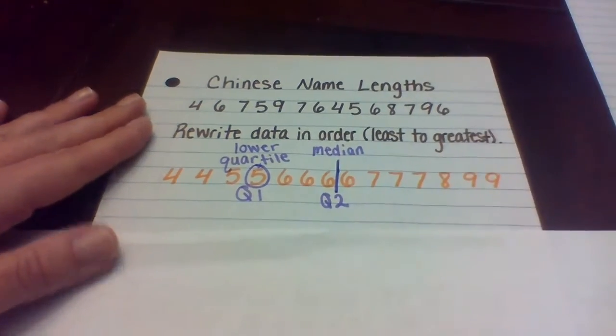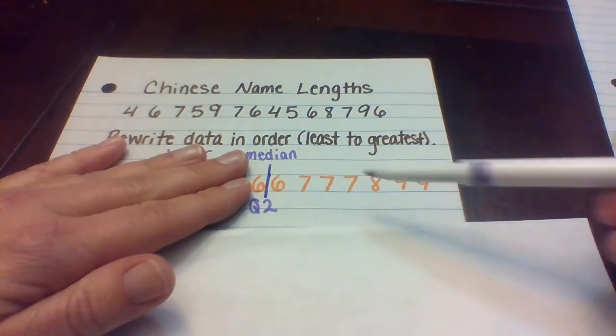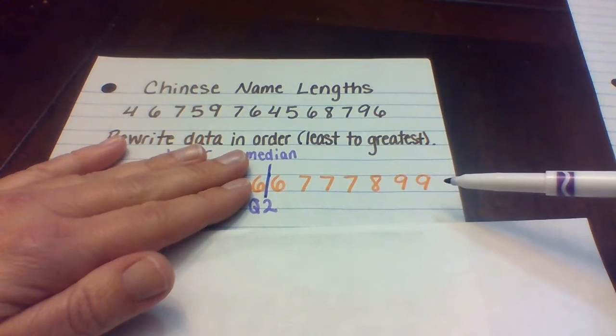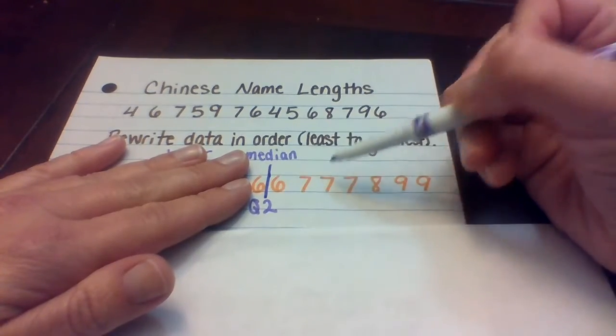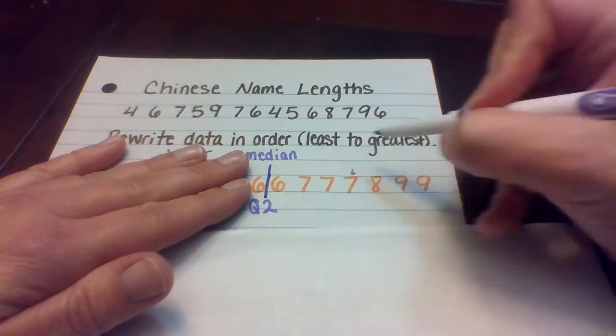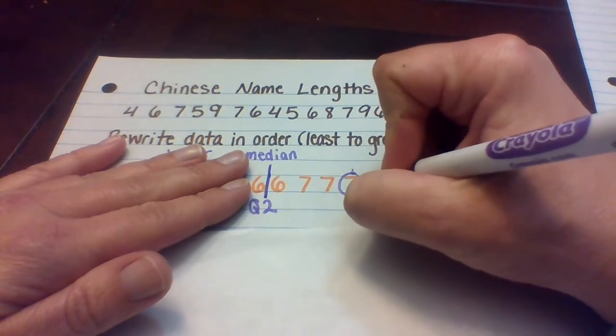And I can do the same thing on the other side of my median, from my median to the right side of my data, which is going to be my upper quartile. So if I have 3 pieces of data, this one in the middle, another 3 pieces of data, I'm going to circle this here.